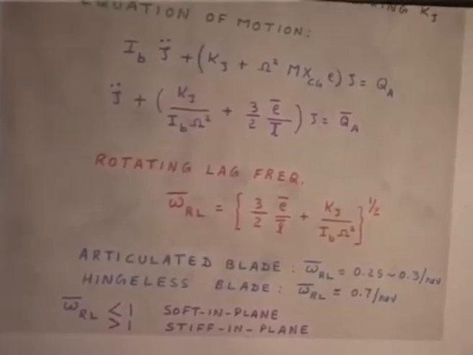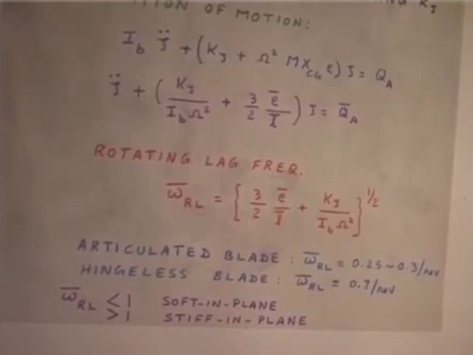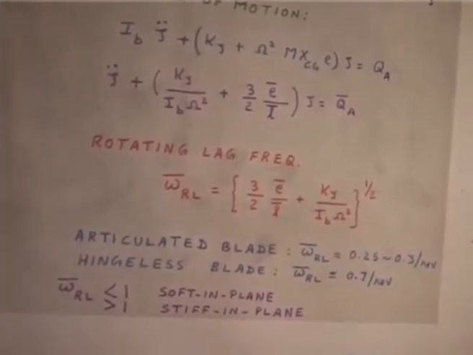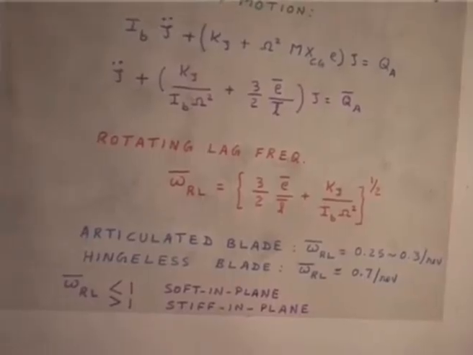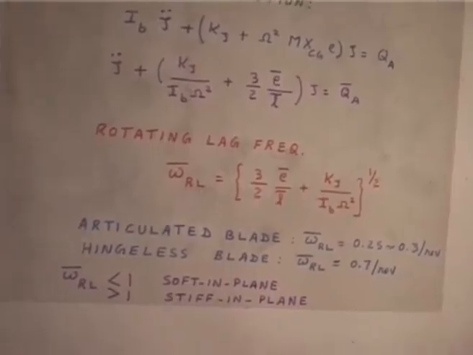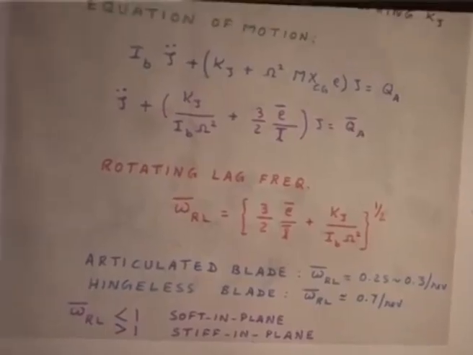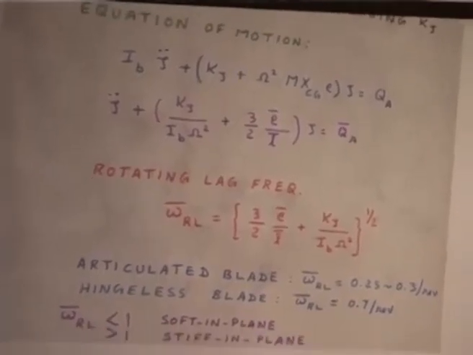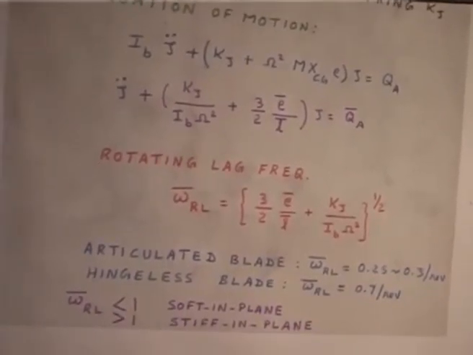What is the effect of this frequency on the overall vehicle or the blade? Because right now we have treated only isolated lead lag motion. When you combine with flap, you are going to have flap lag motion. In addition, the fuselage can also start moving, because fuselage has some motion.